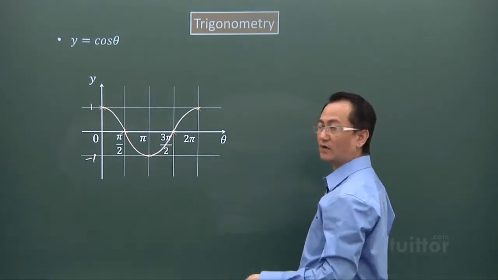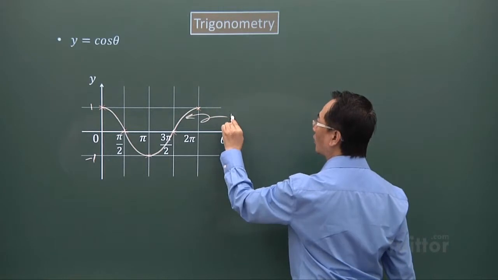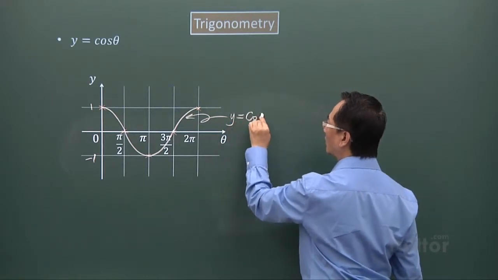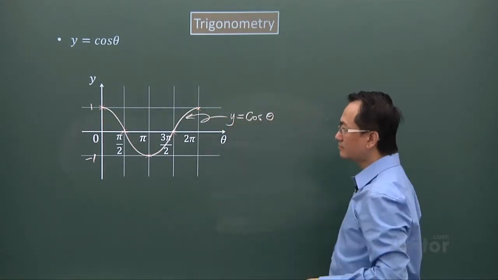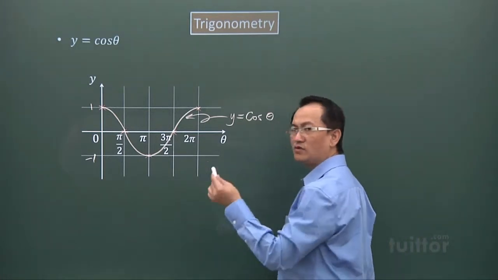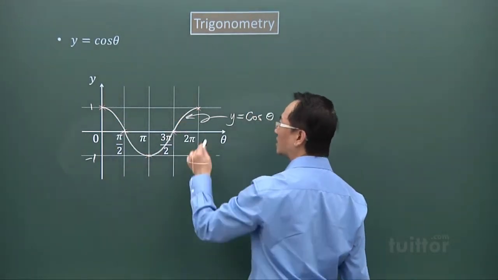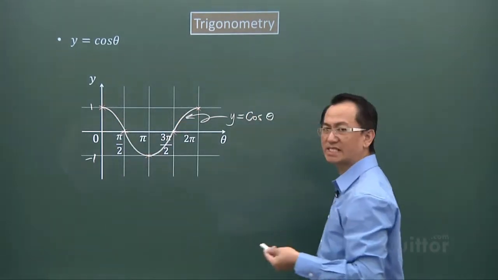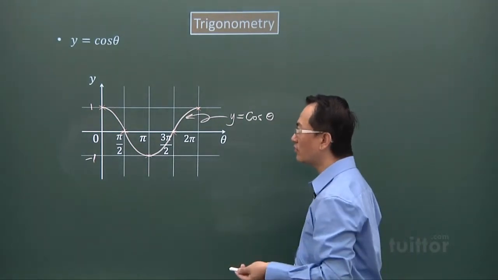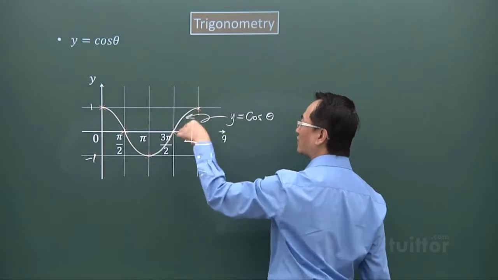So this is the cos curve, y equals cos theta. Even though I'm using freehand here to sketch the curve, it still looks reasonably smooth. The reason mainly is because of the grid line.